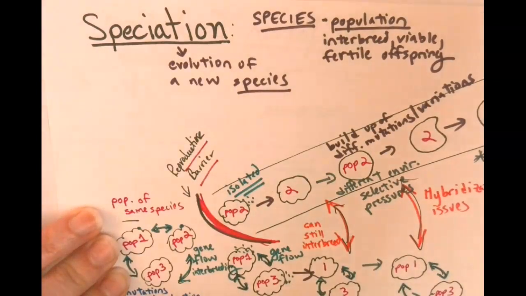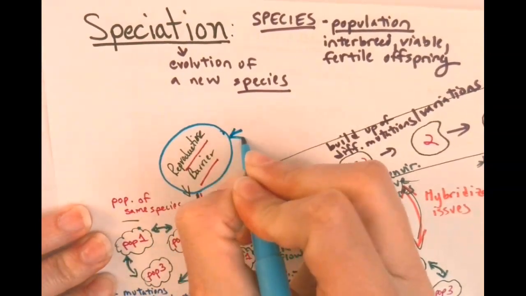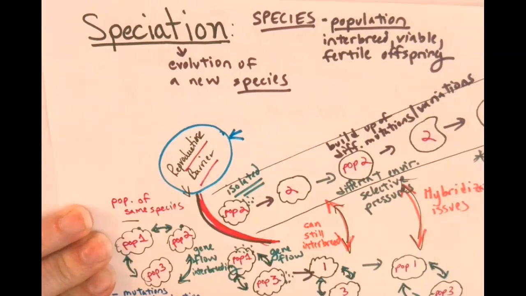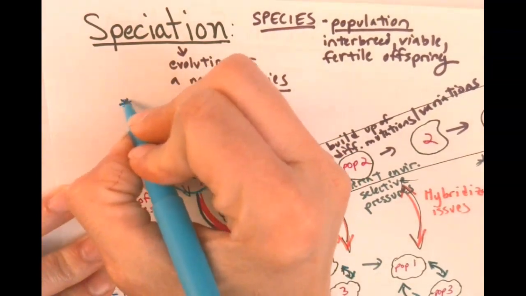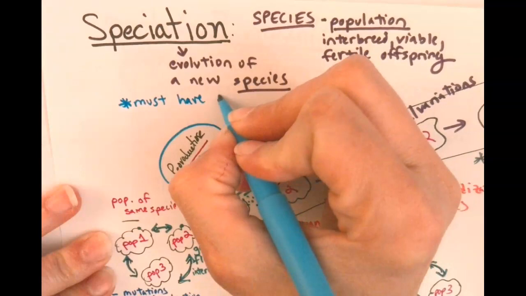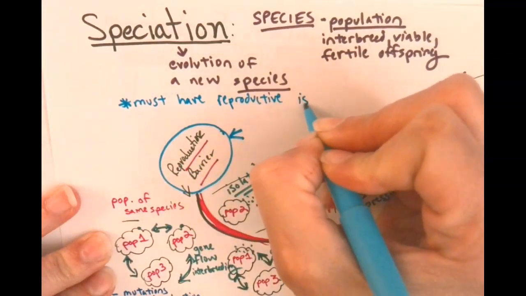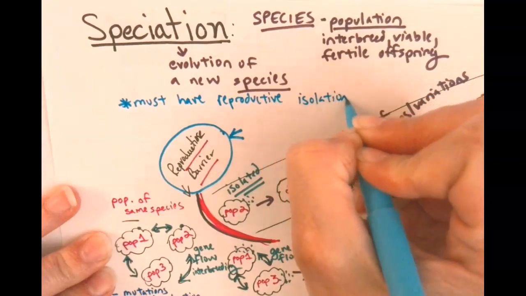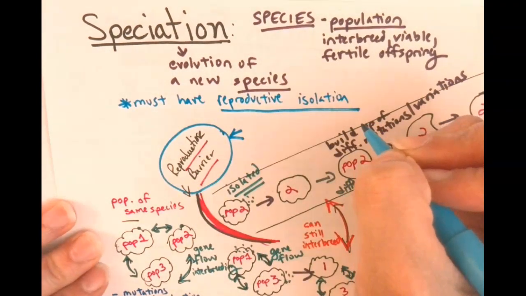So in part one of the video, we talked about speciation, but we really need to address these reproductive barriers more. As I said, speciation is the evolution of a new species. For this to occur, you must have reproductive isolation. And like I said earlier, there are a lot of ways this can occur.